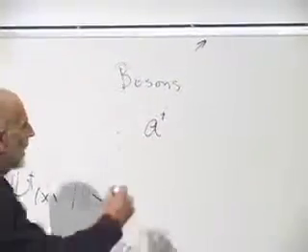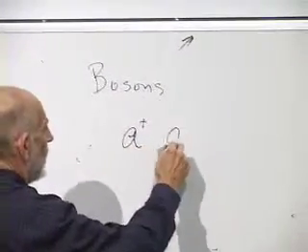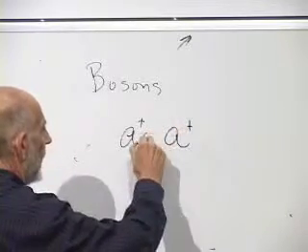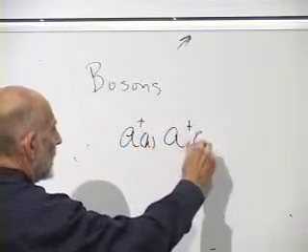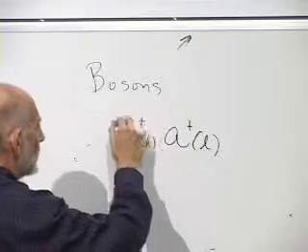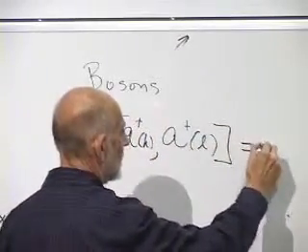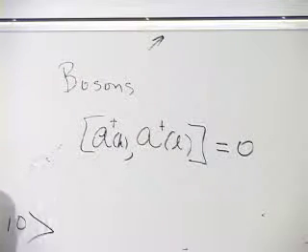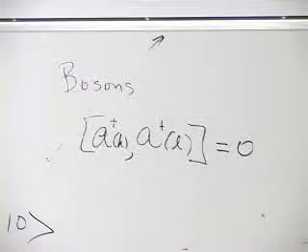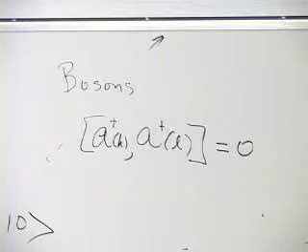The creation operators for any momenta commute, so A plus of k times A plus of L is the same thing as A plus of L times A plus of k.